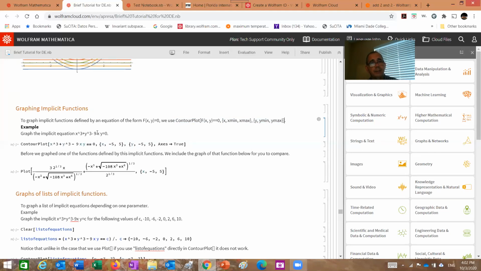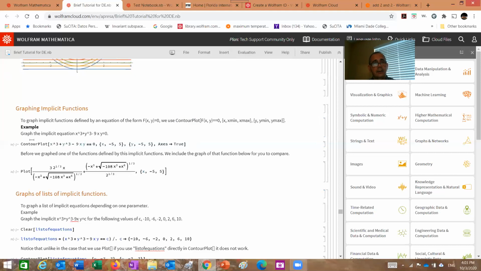And then, for example, this is a known implicit equation whose curve is called the folium of Descartes. If you want to represent the whole equation, you use ContourPlot.